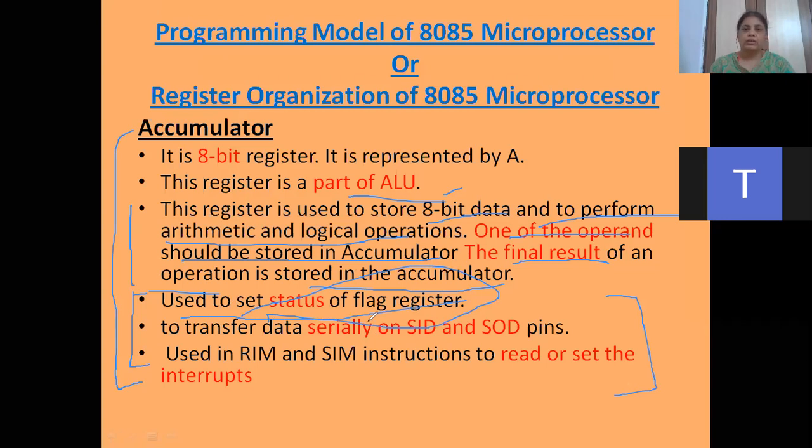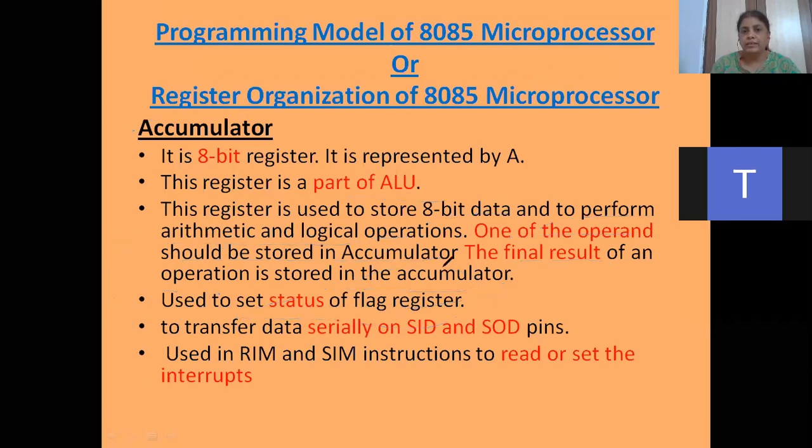Because whatever the current result is, it is going to be stored in the accumulator, so based on the accumulator it will set the status of the flag register. And it is used to transfer data serially on the SID and SOD pins. That we will do when we study the pin diagram of the 8085 microprocessor.